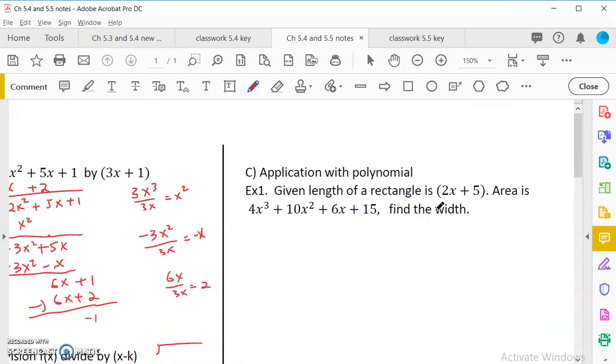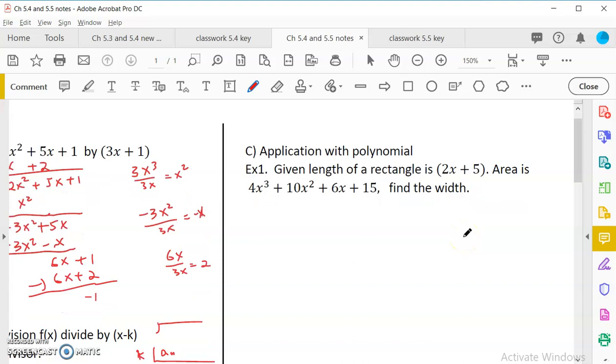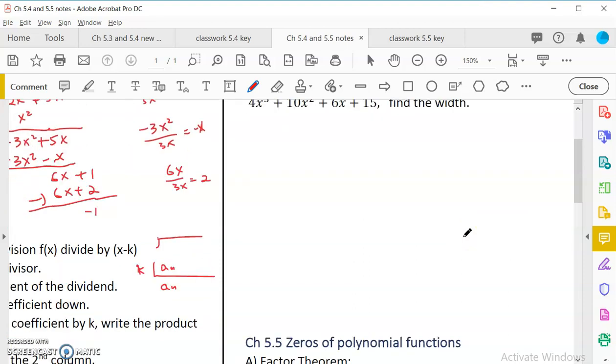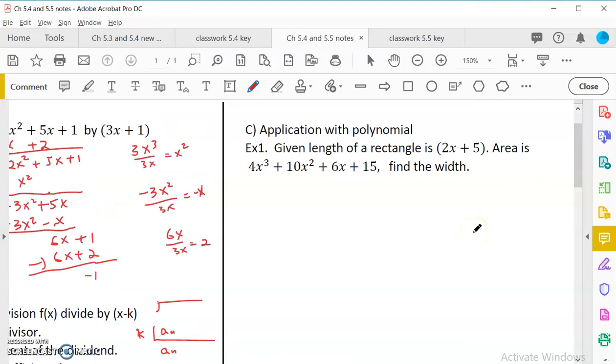Another one. Okay. So the next one is an application of polynomials. So what do we use division for? We use division if we want to find something that can be divided.